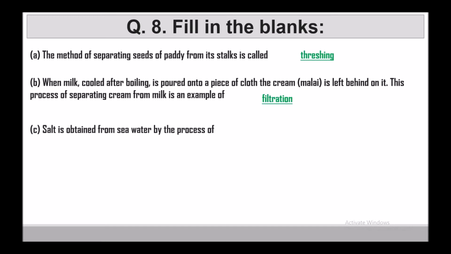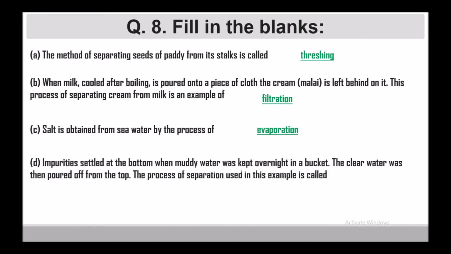Next, salt is obtained from seawater by the process of evaporation. Impurity settled at the bottom when muddy water was kept overnight in a bucket. The clear water was then poured off from the top. The process of separation used in this example is called sedimentation and decantation.